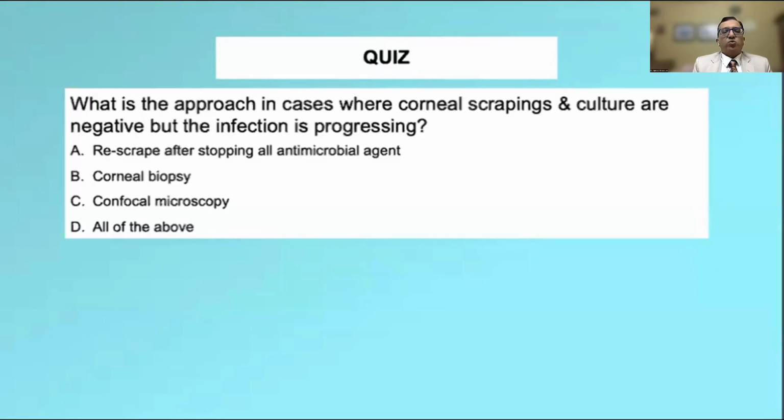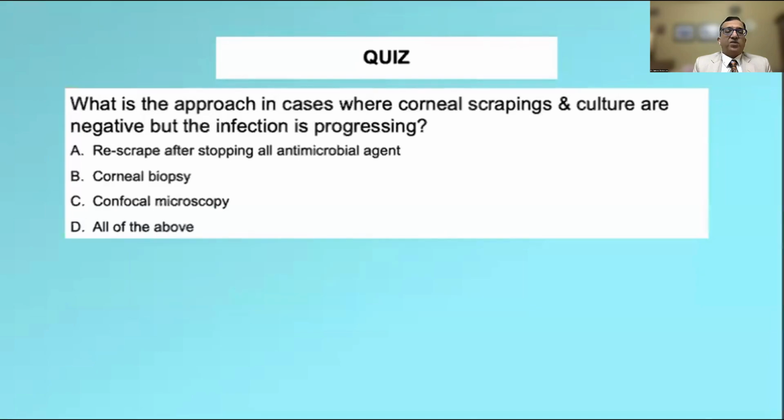If you have access to PCR, then you can send the scrapes for a PCR. A corneal biopsy can be done. If you have access to confocal microscopy, you can pick up acanthamoeba, fungi, and pythium.